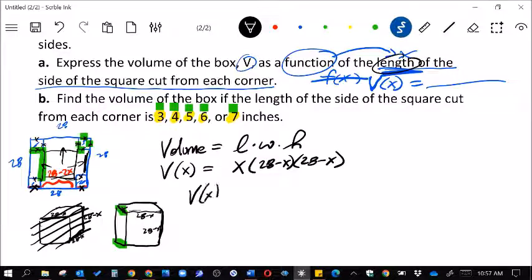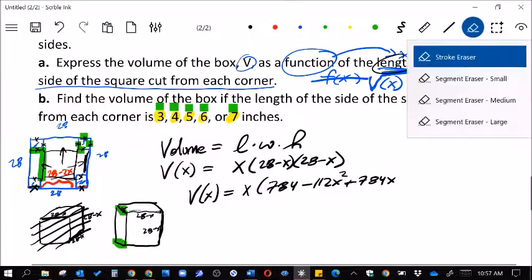So if I multiply all of those, first I'll do the 28 minus x times the 28 minus x. I get 784 minus 112x plus x squared. Oh, wait a minute, I didn't include the x yet.